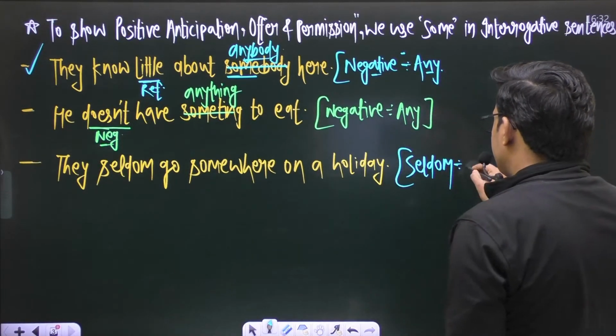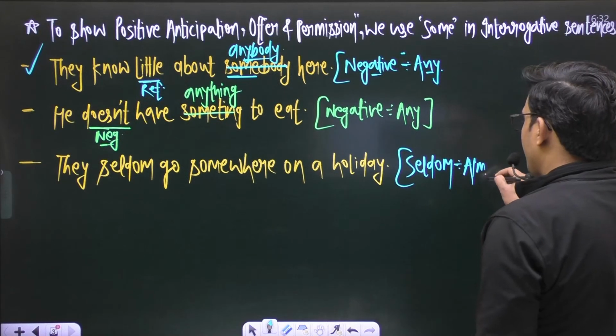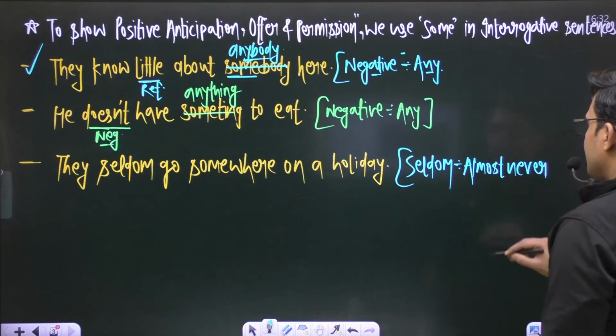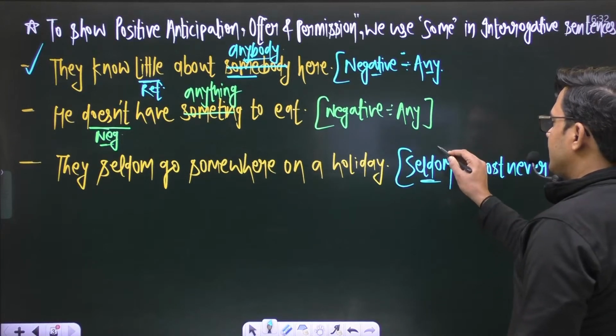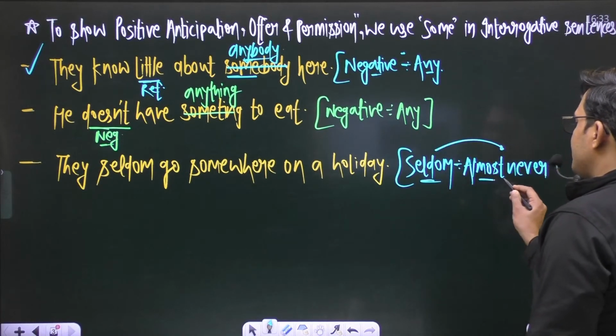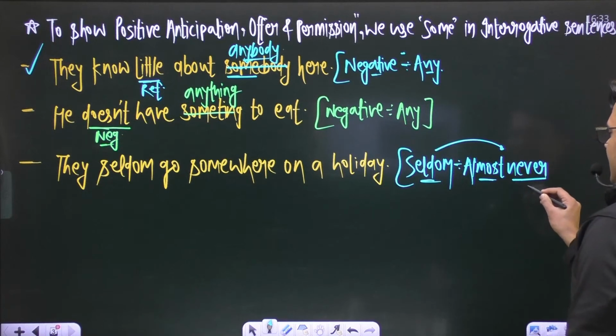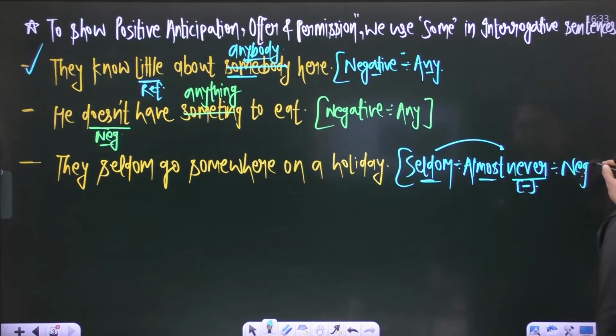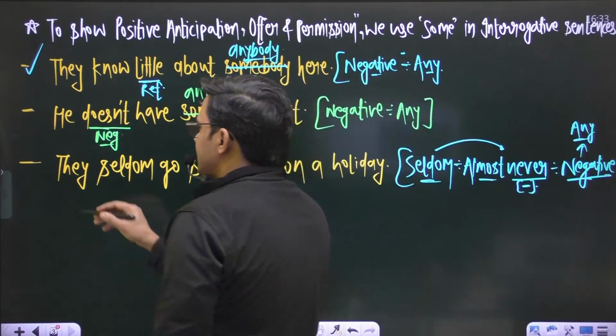Seldom means almost never, so you have the negative word never already inside this word. So seldom is also a negative sense word, and in negative sentences we use any, not some.